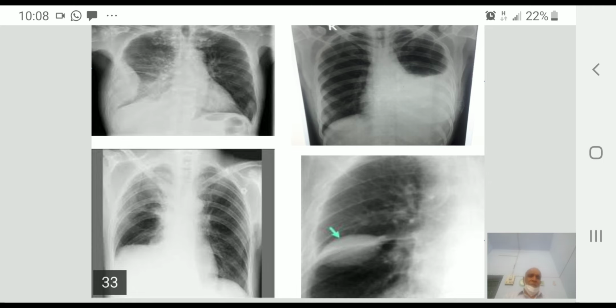So we can see apparent elevation of the right dome of diaphragm, and the apex of the right dome of diaphragm is shifted to the lateral side of the midclavicular line and suddenly drops to reach the CP angle. This is the subpulmonary effusion. Thank you.